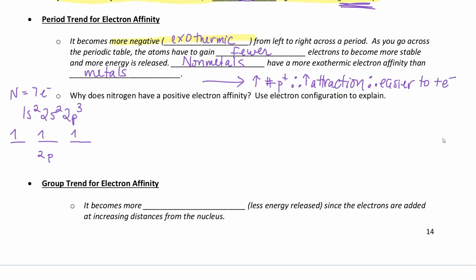If I'm going to add an electron, 1, 2, 3, that's 2p, 1, 2, 3, 4. What happens when I add that additional electron and now we've got 2 in that first orbital?